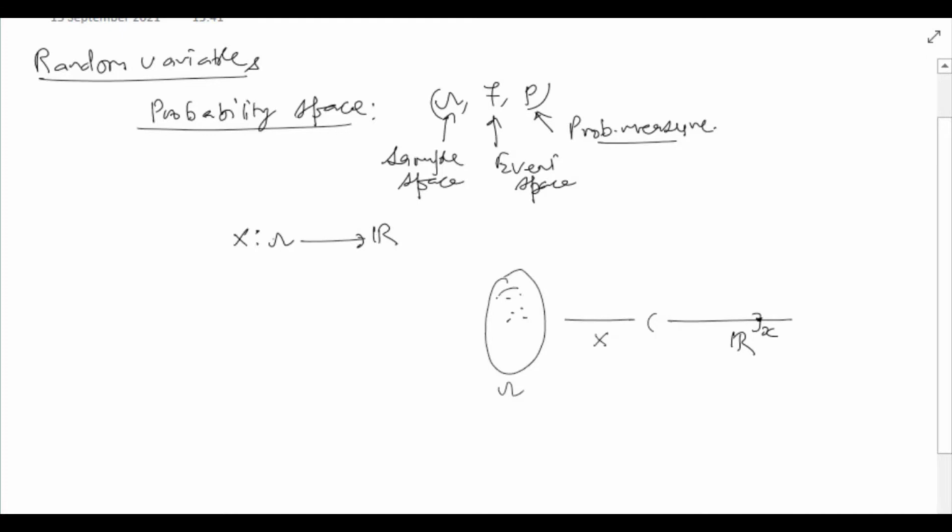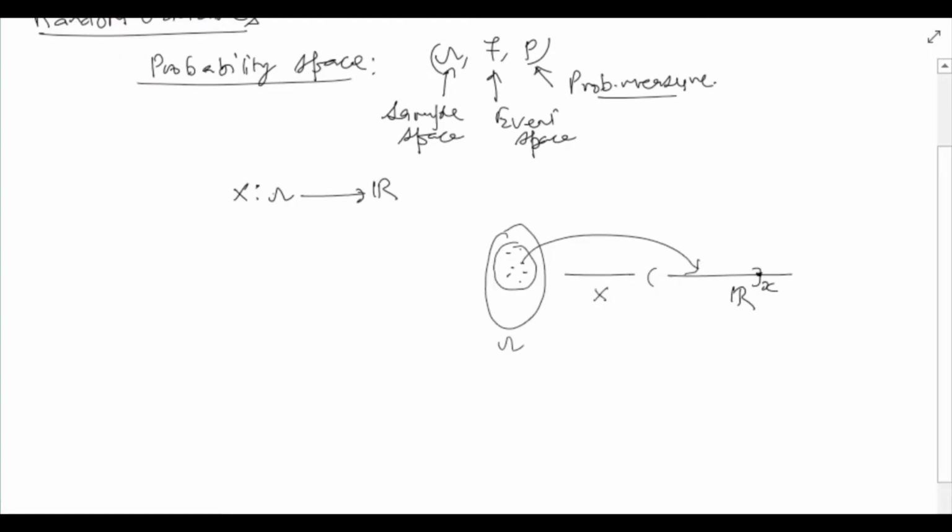So basically we want to see all the points here that are mapped to this. The collection of these points is called the pre-image of minus infinity to x.